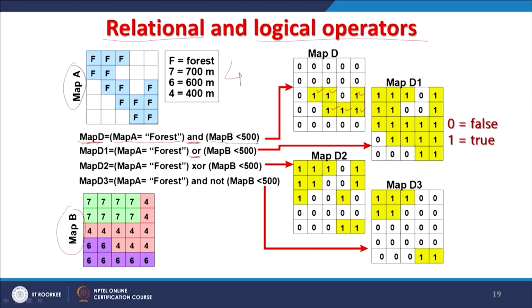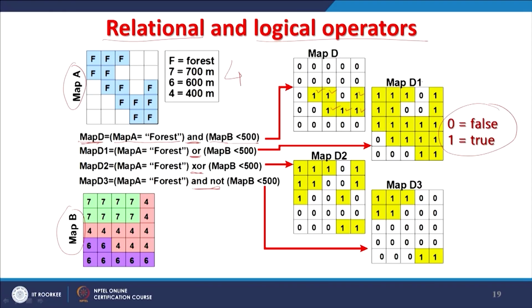Similarly, for the OR operator union, XOR, NOT, or negation, it is also possible. So, the outputs we get, all 4 examples of these Boolean relational or logical operators, are in binary form, that is true or false.